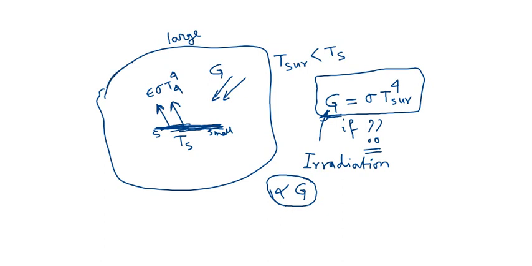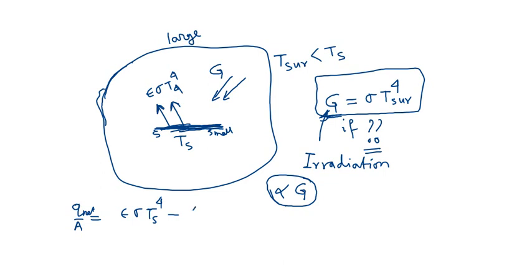If we want to find the rate of heat transfer from the plate to the surrounding, then the net rate of heat transfer per unit area, q, will be equal to epsilon into sigma into Ts to the power 4, and how much it will absorb?